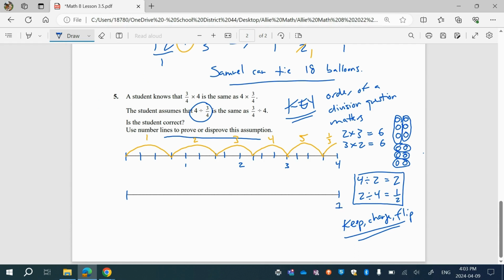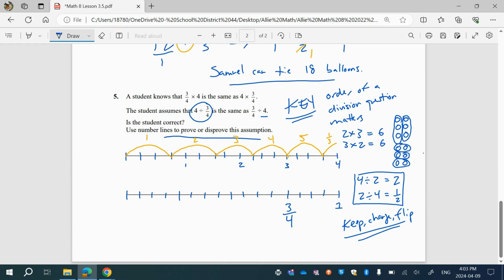And then the next one, here we have 3/4. So this is 1 over here. We're going to split the whole thing into quarters. So this would be 3/4 right here. And we want to divide it by 4. So I'm going to split each of these into 4 again. Split each of these into 4.